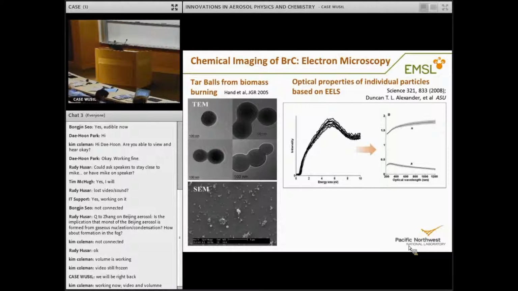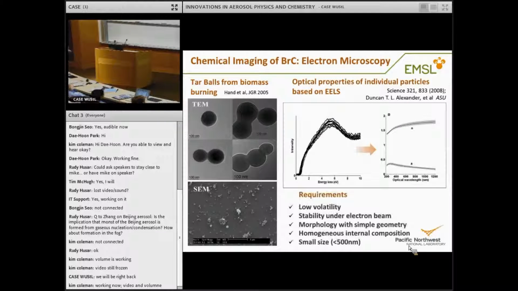Now, while that paper really made highlights and everything, in fact, there's a problem with this type of approach, because to make this type of calculation of the refractive indices, you need quite a few requirements. So first, these particles need to be non-volatile, so they stay in the microscope.